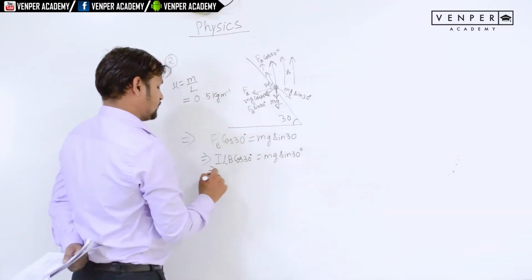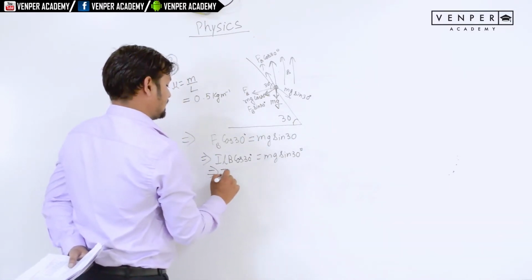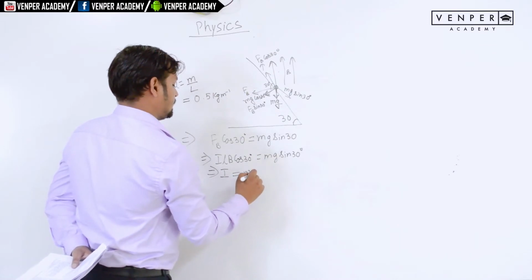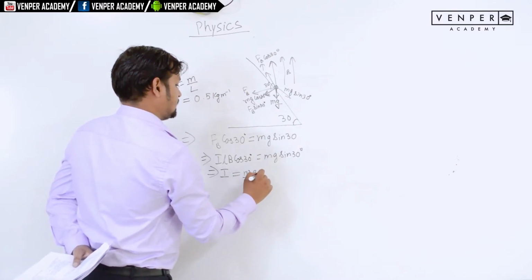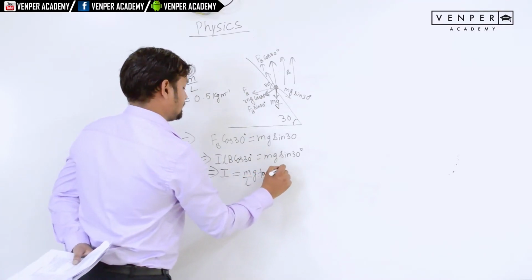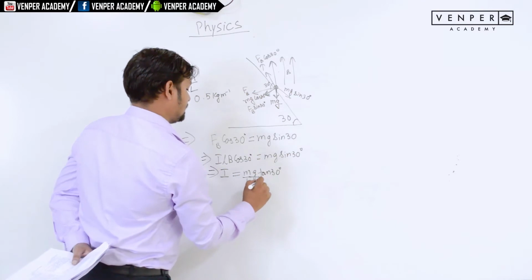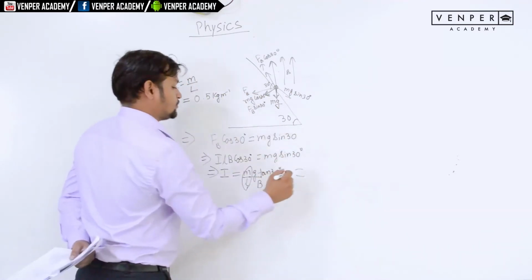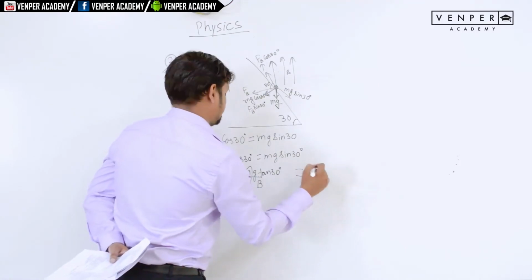From here you have to calculate how much current is flowing. I will be equal to m upon L, g sin 30 upon cos 30, which is tan 30, divided by B.